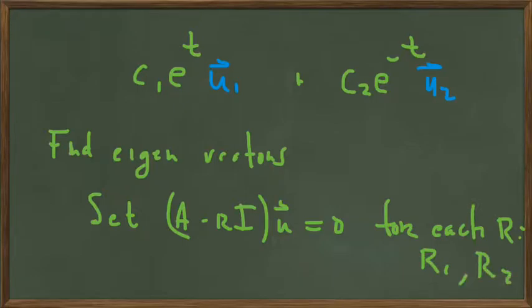This is just a little different than what we did before. Remember, before we were setting the determinant of A minus rI equal to 0. Now we're setting a vector equation equal to 0, and this entry right here, u, is the eigenvector.